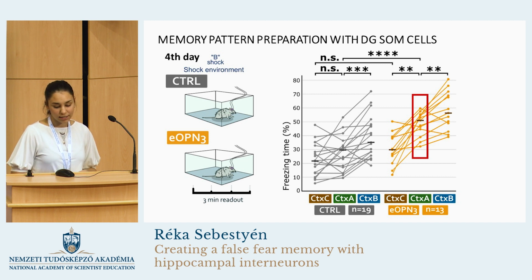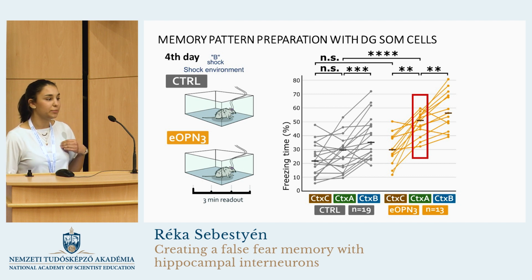So now, these results indicate that dentate gyrus somatostatin-positive cells have the ability to pre-sensitize a network a day before a fearful event without actually disrupting the original fearful memory, and can cause memory allocation between 2 different contexts on 2 different days.